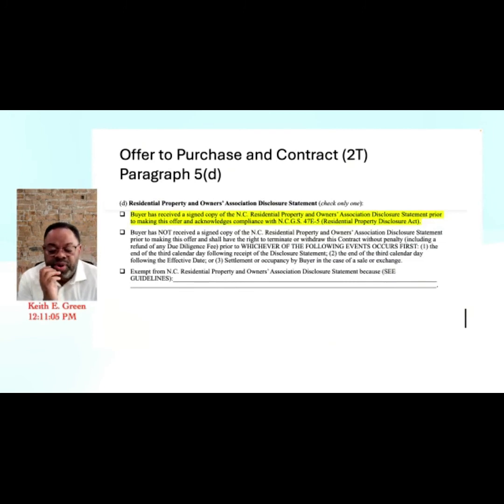All right, so what this was talking about was that with these high due diligence fees, if buyers were wanting to back out, they were using the fact that they did not receive the RPOs at the time that they were making an offer. And at that point, they were requesting the DD. They were trying to make a case for the buyers to receive the DD back.